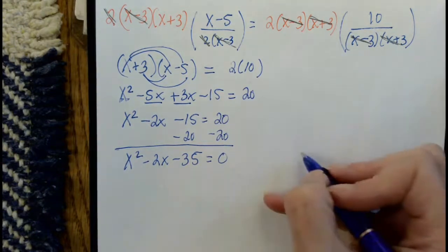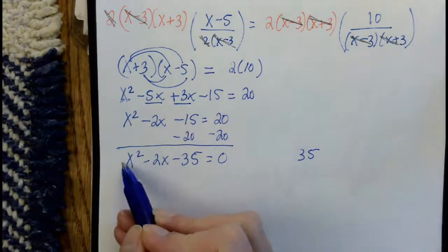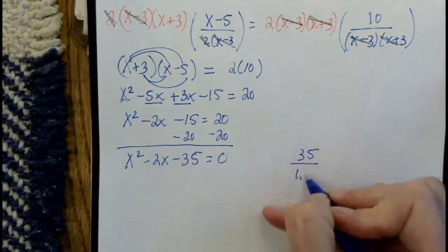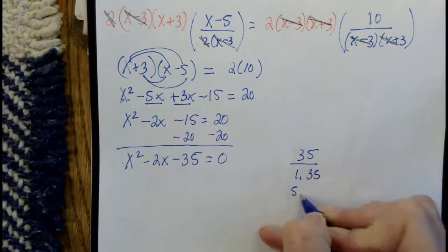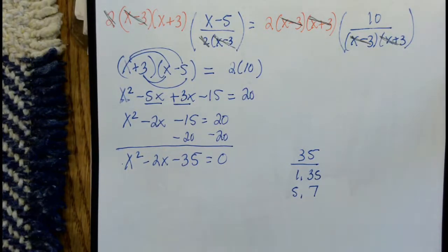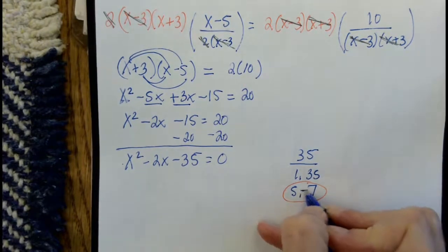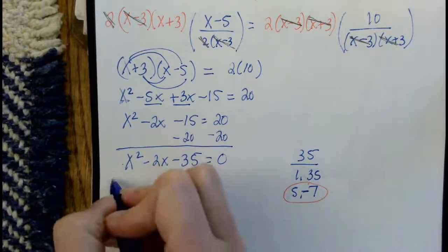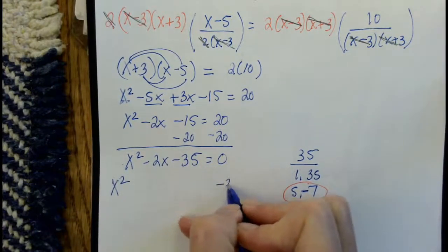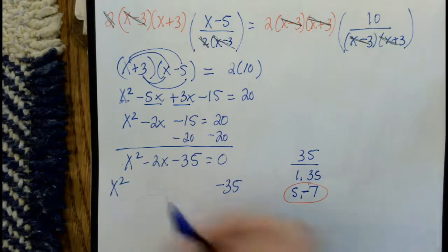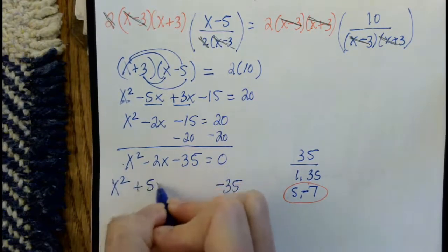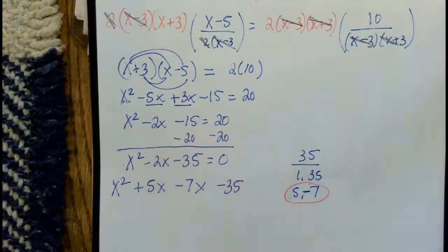And when we factor this, the factors of 35 are 1 and 35, and 5 and 7. Will either of those combine, either add or subtract, to be 2? Well, 7 minus 5 is 2, but we really need to have negative 2, so it's going to have to be 5 minus 7. So we get x squared, we're splitting the middle, and then it's going to be plus 5x minus 7x, minus 35.